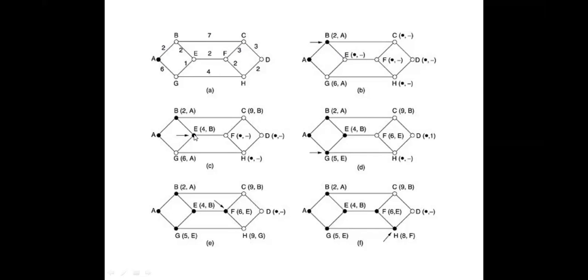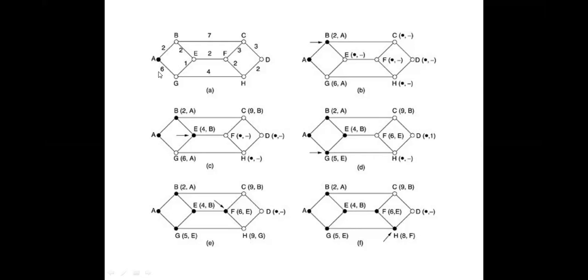After that, for E, we have two neighbors, F and G. E to F is 2, and E is already 4, so 4 plus 2 is 6. So 6 comma E at F. And then what about G?